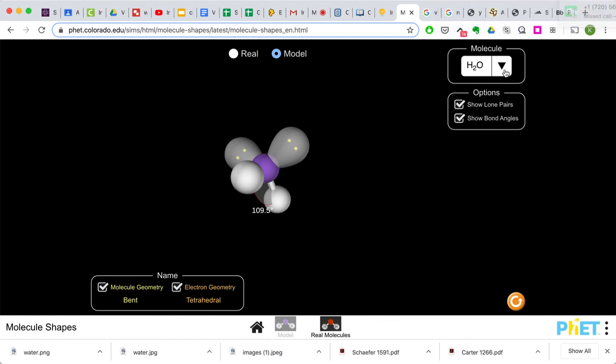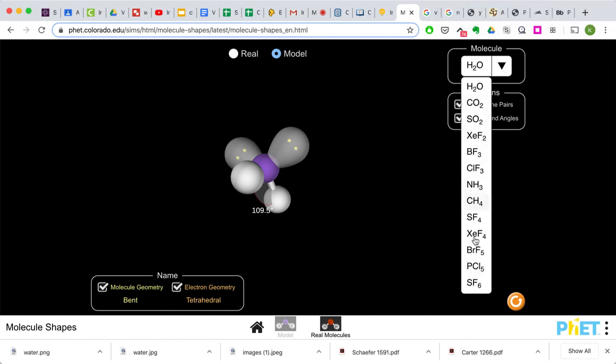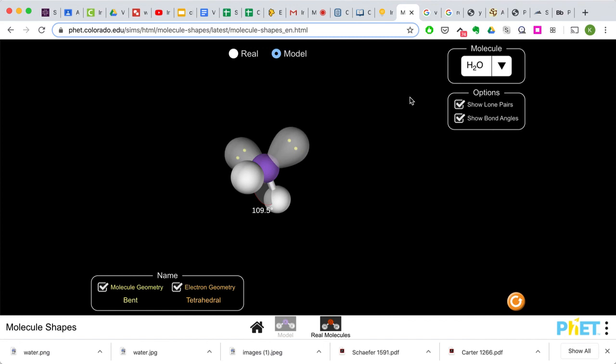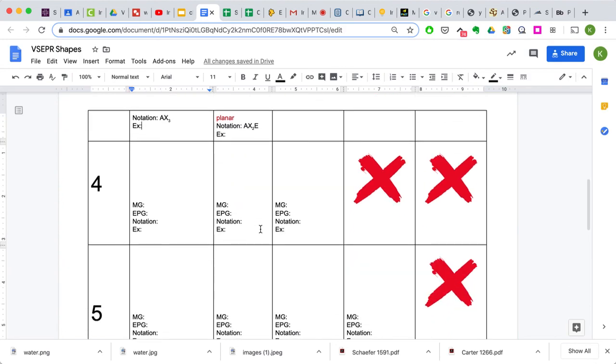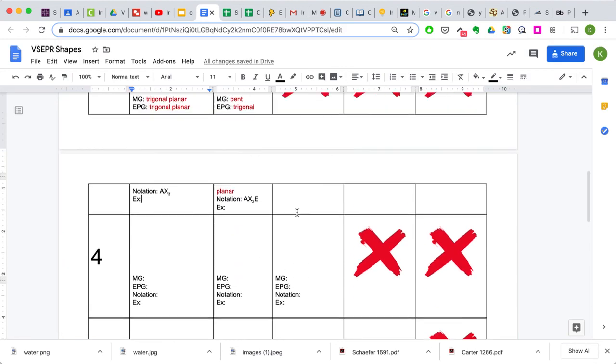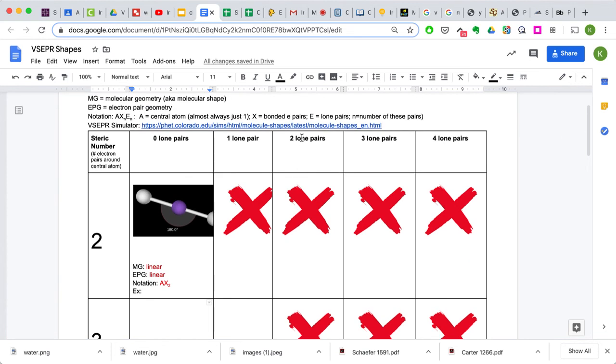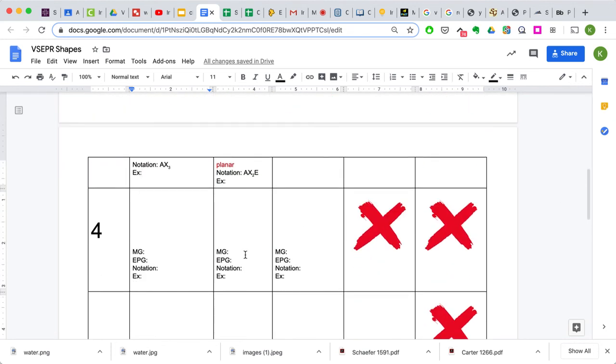Then just go through all of these, look at the different examples, and assign them here by writing H2O down here in this spot with 2 lone pairs and 2 bonded pairs. Your example here would be H2O.